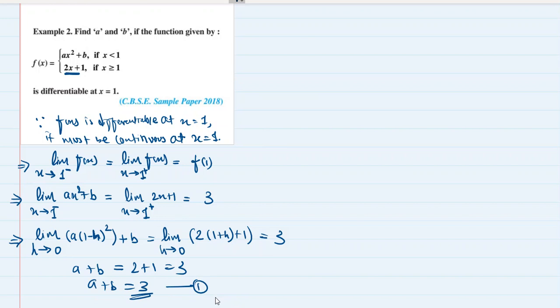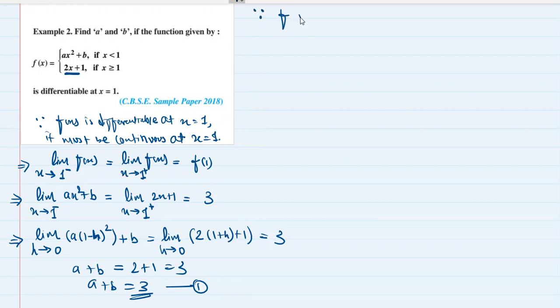But that's just one equation, right? We have to find one more equation involving a and b, so that we can solve these two equations and find the values of a and b. How do we do that?